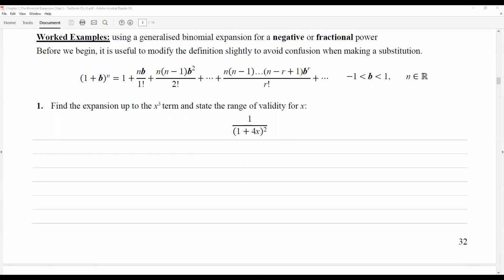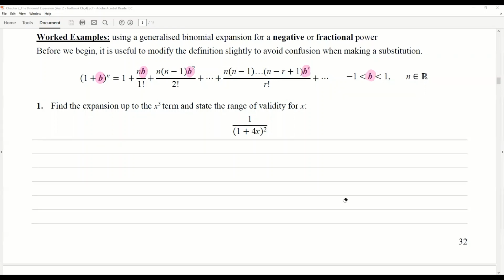Now then, before we do our next worked example, I want to talk about the general form which I'm going to use from now on, and I strongly recommend you use this. It's slightly different from what's given in the formula book. The only difference is that I'm using the capital letter B here instead of x.